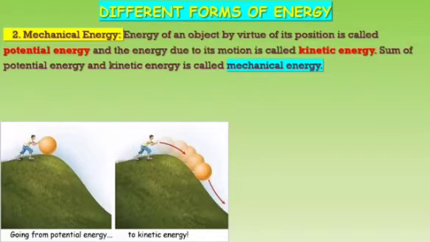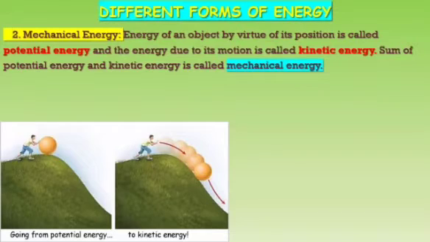So it goes from potential energy to kinetic energy. When the object is at rest, it has potential energy, and when it starts moving, that potential energy changes to kinetic energy.